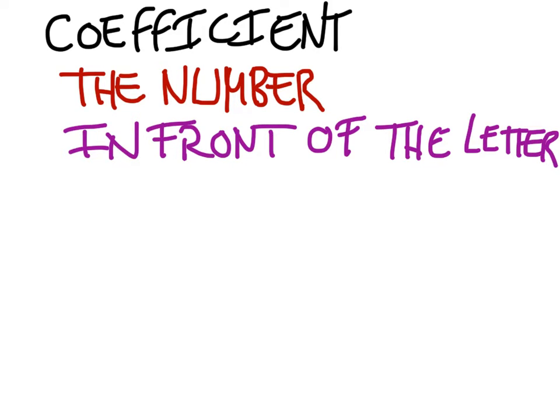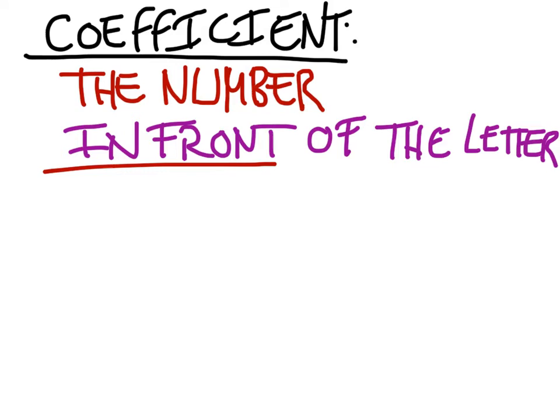Now, coefficient is the number in front of the letter, okay? You'll find out why this is so extremely important some other time. But today, just understand it's very important, and you have to be able to identify these, okay? The number, what do we mean by in front of the letter? What does that mean, in front of it? Like, if I have a letter, I write over it, and it's in front now? What does it mean?